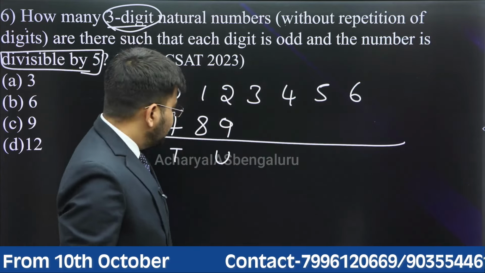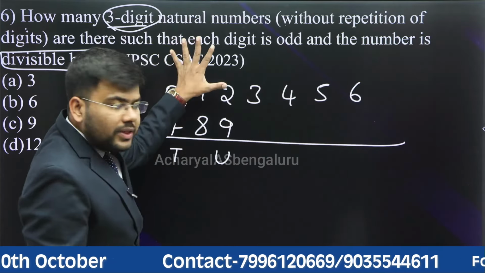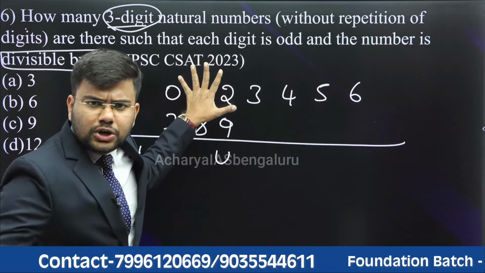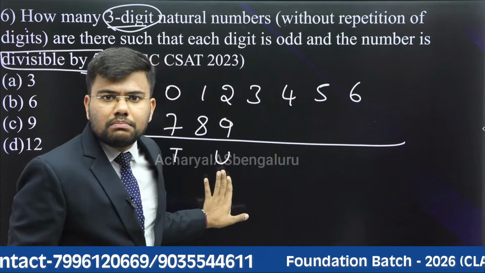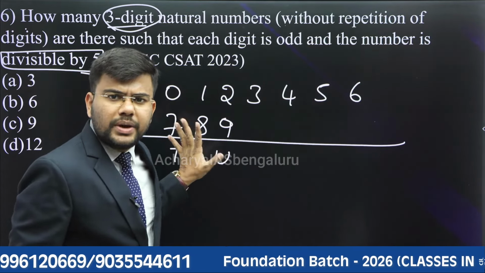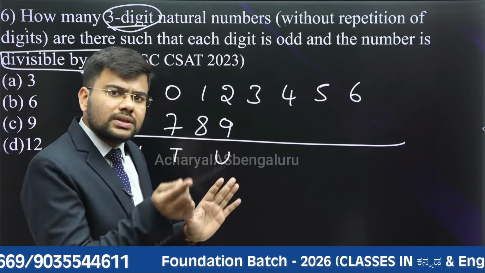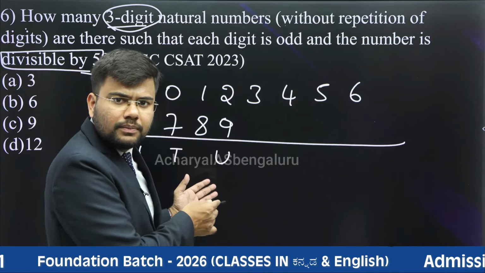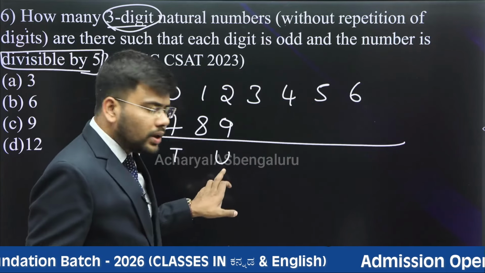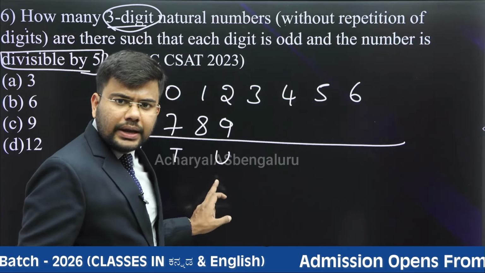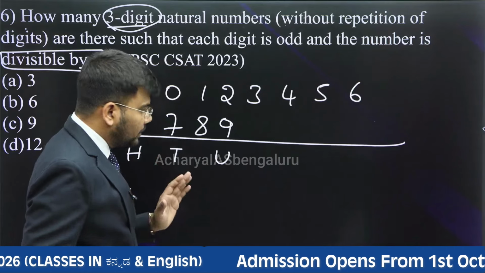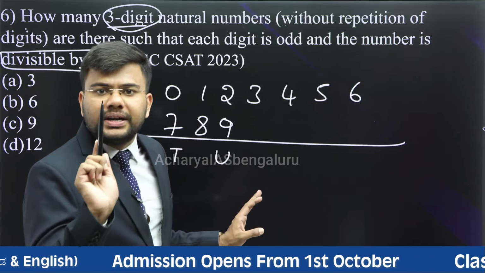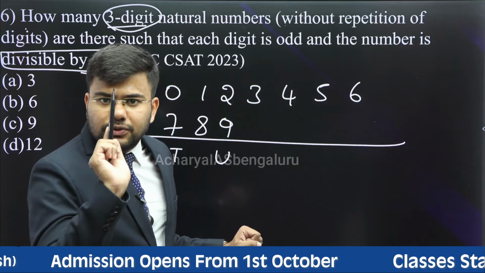Coming to this part, in the units place, if they have not asked for anything, like not divisible by 3 or no condition at all, I'll take all the 10 numbers in the units place. Analyzing based on previous questions which we have solved here, you get to know whether we have to take 10, 9 or 8. Fine.